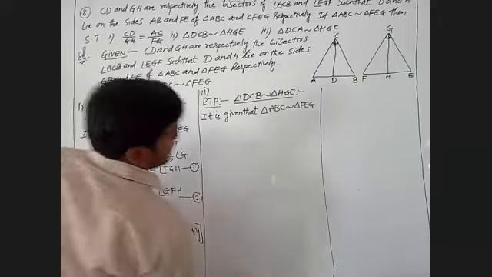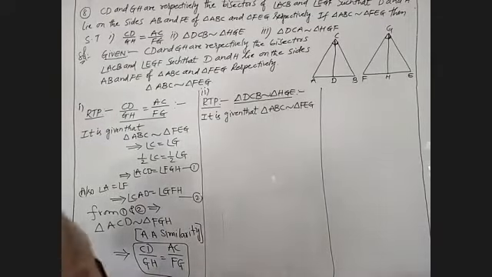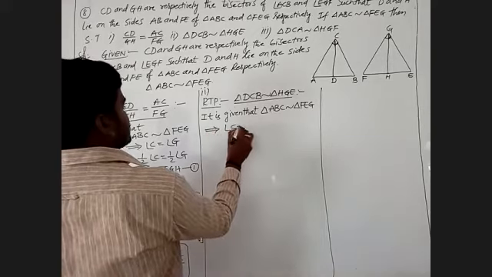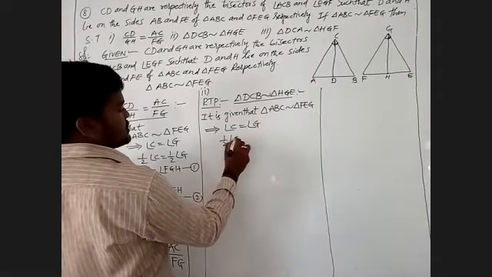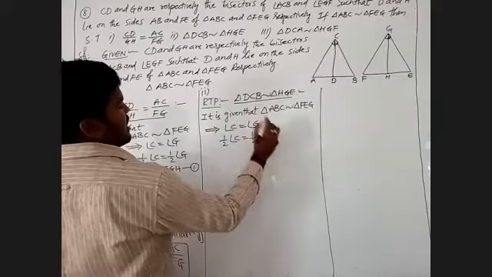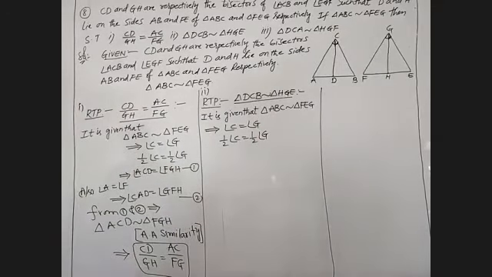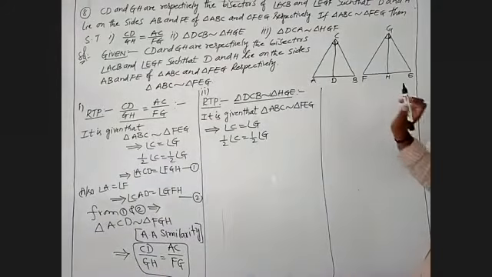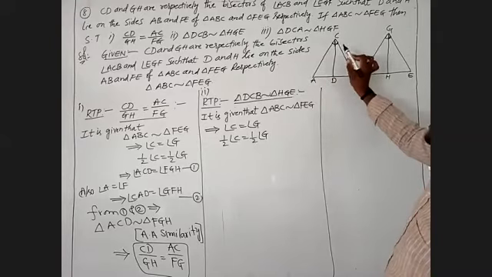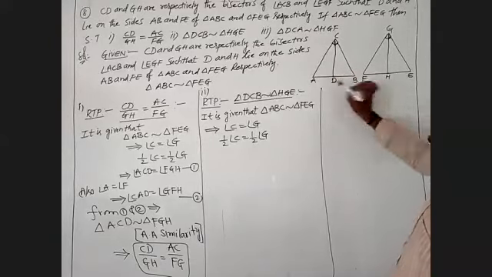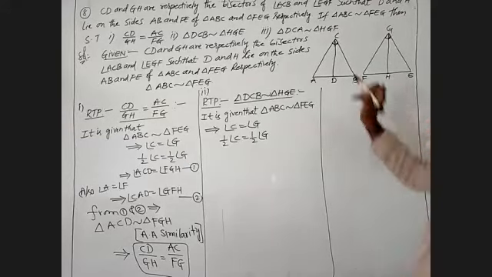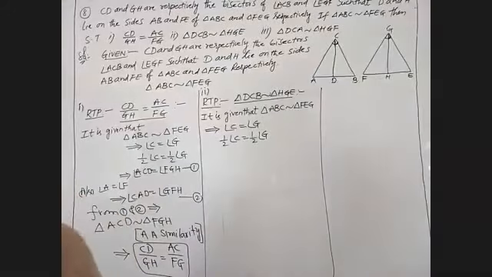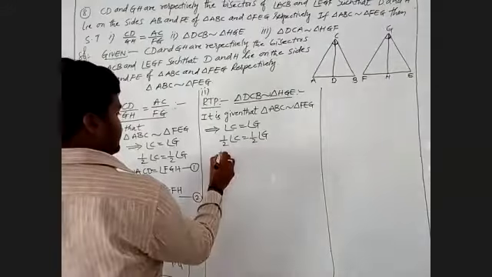Right? Triangle ABC is similar to triangle FEG means angle C is nothing but angle G. Again we will multiply by half on both sides: half angle C is nothing but half angle G. Half angle C must be written as angle DCB, and half angle G is angle HGE.